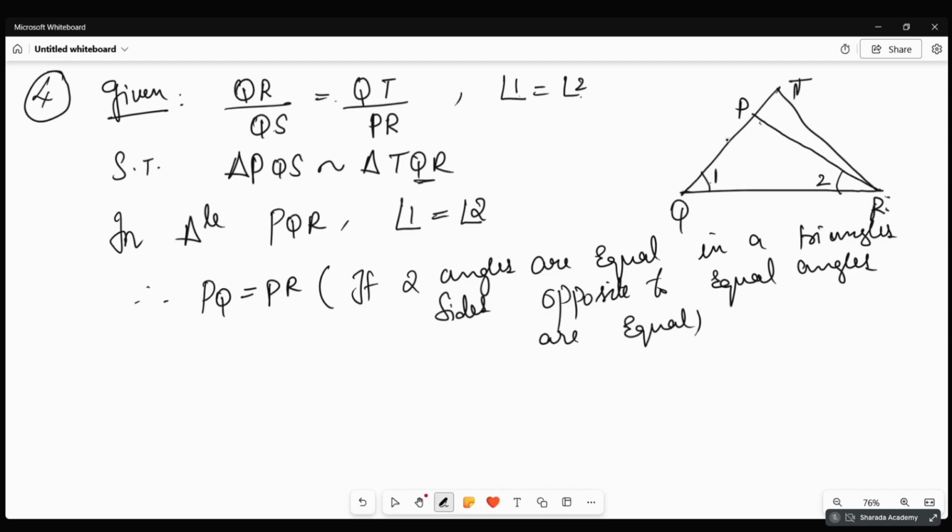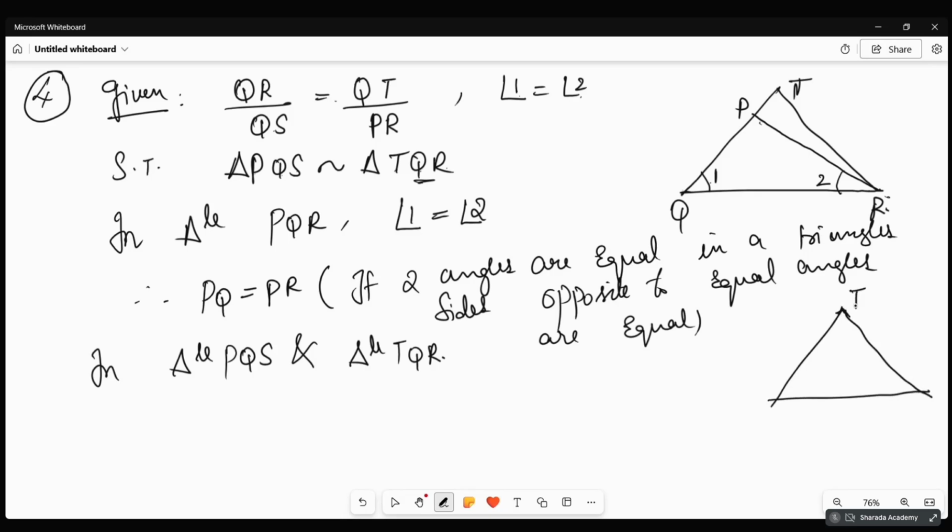Okay. So we know now PQ is equal to PR. That much we know. Now I have to prove PQS is similar to TQR. So now in triangle PQS and triangle TQR, TQR is a bigger triangle and another triangle is PQS, this one.